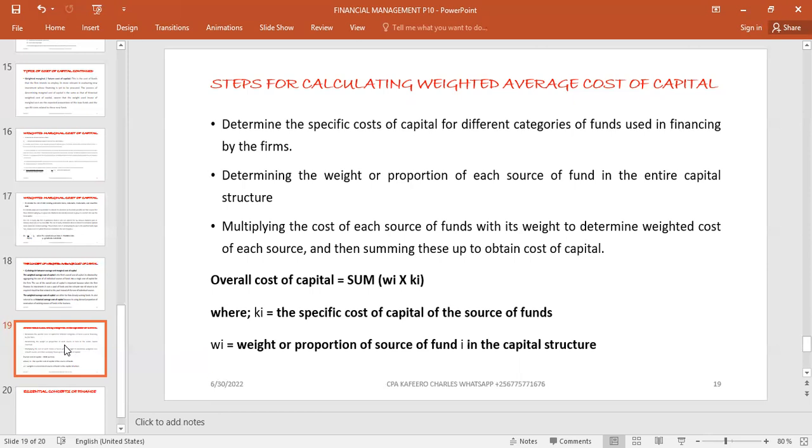Whatever we get will be called the overall cost of capital, and that is the one we use in investment decisions when appraising projects, to find out whether the projects are viable.